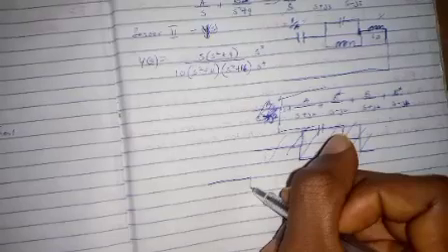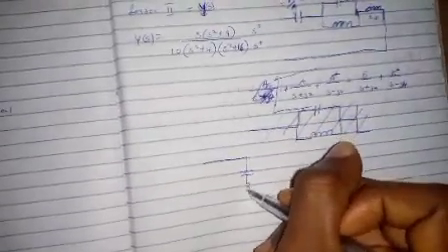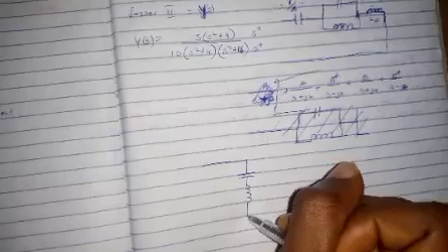Sorry, this is y of s. The synthesized network will look something like this. That will be a parallel combination of a series network.